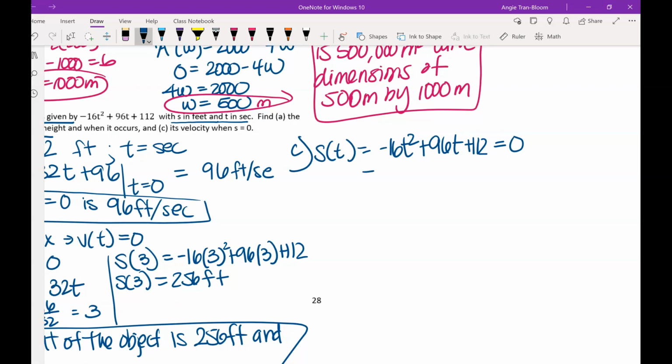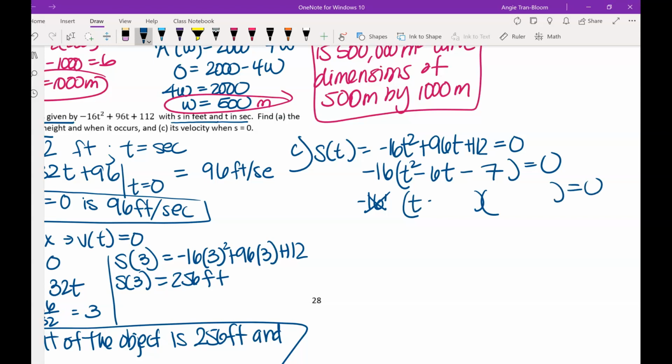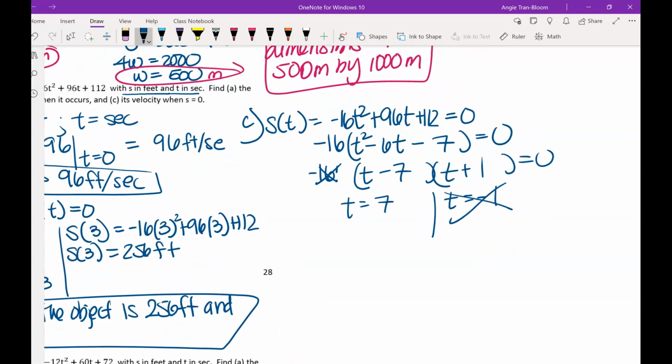Looks like I can take out a negative 16, okay? Then this is now positive, this is now negative 6t, this is now also negative. Negative 16 equals 0 doesn't make sense, so I'm going to factor these out. This is t minus 7, t plus 1. So t equals 7 and t equals negative 1. Well, the negative 1 for time, that's not going to make sense. So the position is 0, meaning that this is now when it landed. All right, guys.